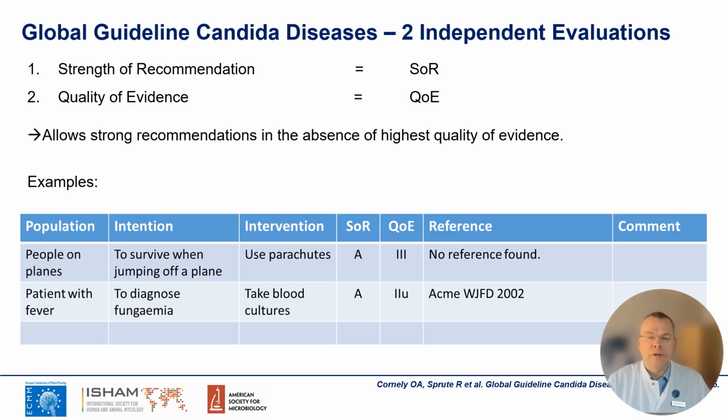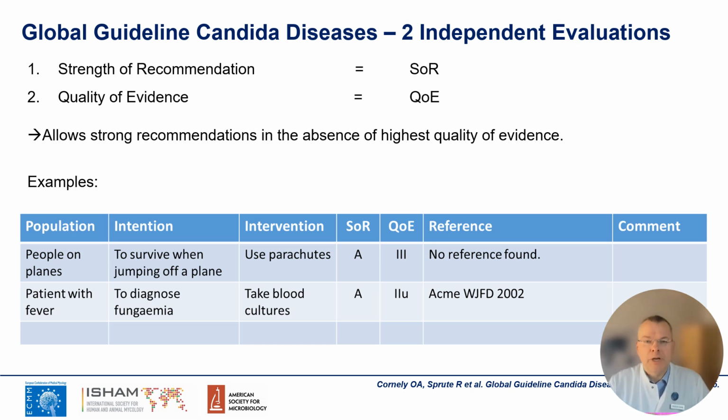But what about patients with fever? That's a population; we all have seen patients with fever. The intention is to diagnose fungemia in these patients. Well, what you do is take a blood culture. Never has that been randomized, or at least we didn't find anything that has been randomized. And that means that the quality of evidence will never be a 1. So it will always be a 2.